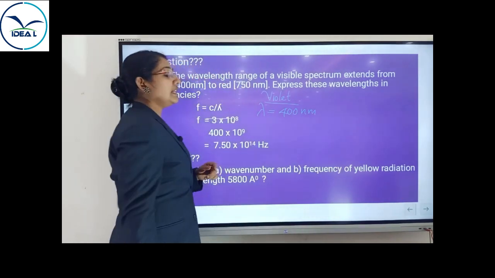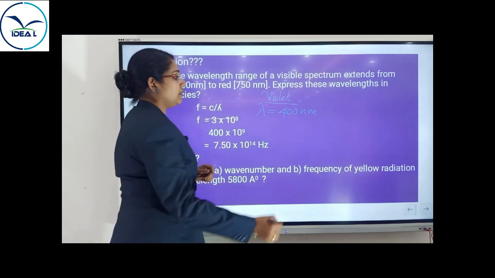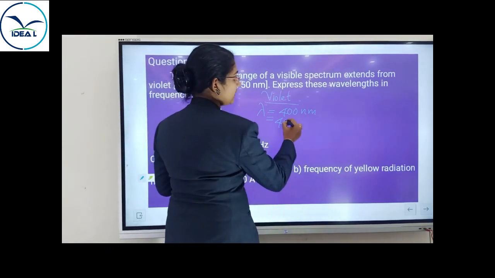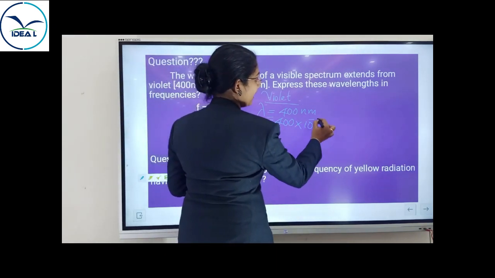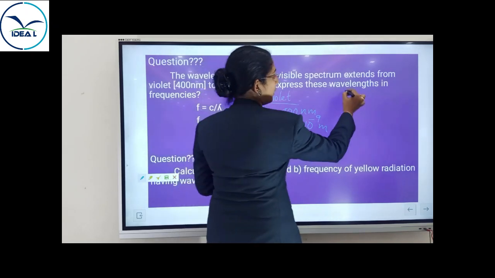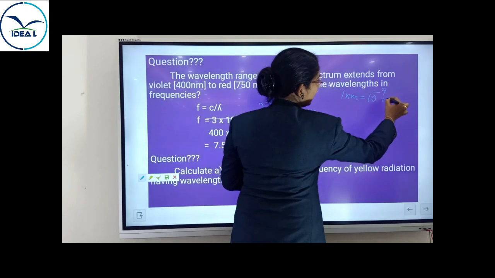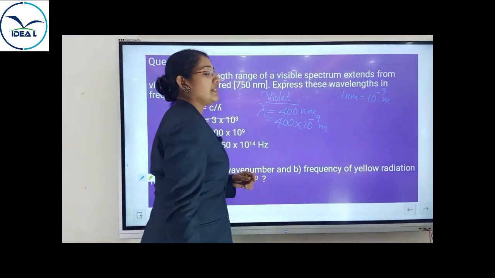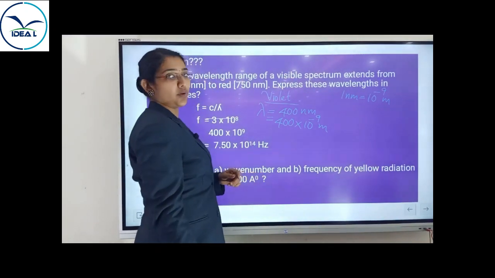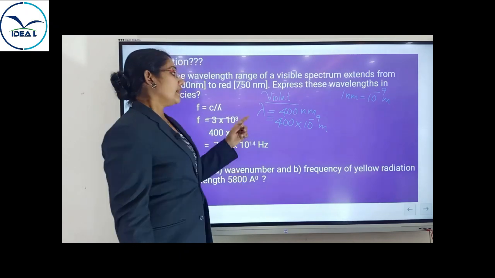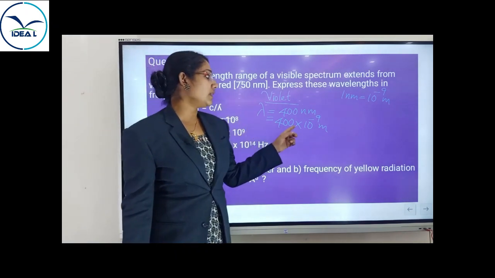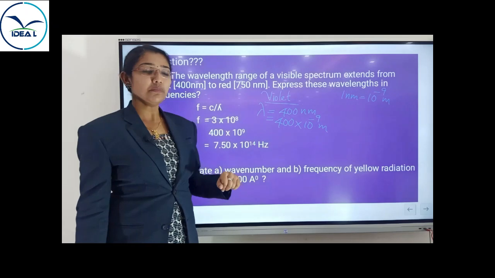We have to convert nanometer into meter by multiplying with 10 raised to minus 9. We know that 1 nanometer is equal to 10 raised to minus 9 meter. So the wavelength of violet is 400 into 10 raised to minus 9 meter.